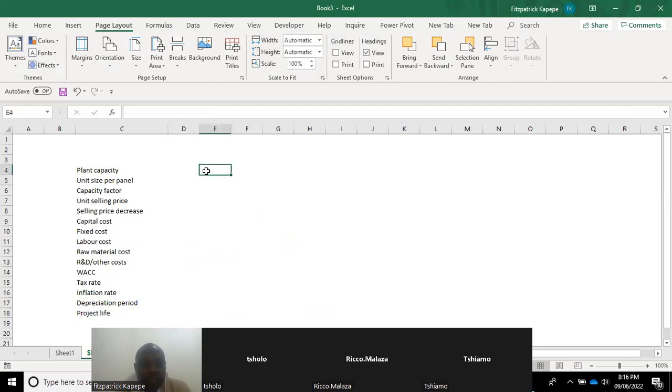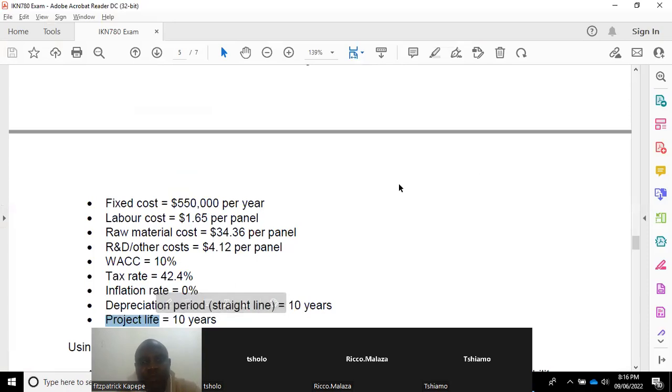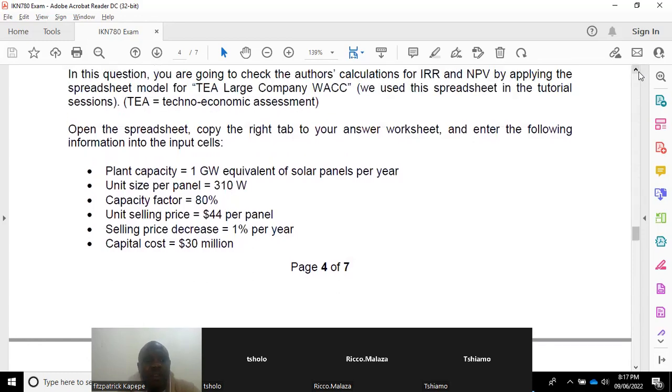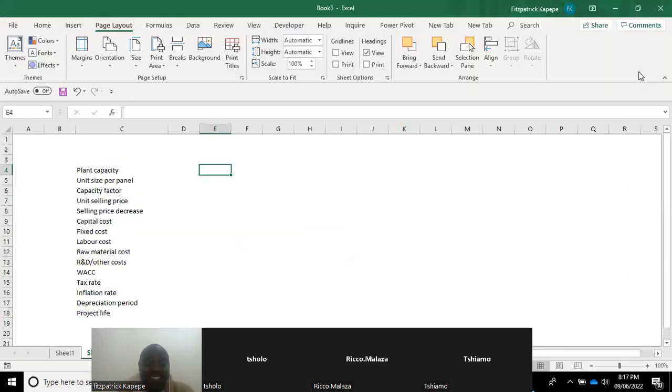Okay, so first we have to understand the question nicely. So we are told that the plant capacity is 1 gigawatt. And we have the unit size per panel, because they are selling per panel, which is 310 watts. So let's first understand this thing nicely, otherwise we'll not get it right.